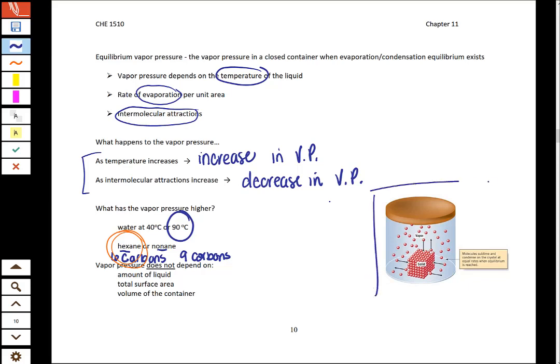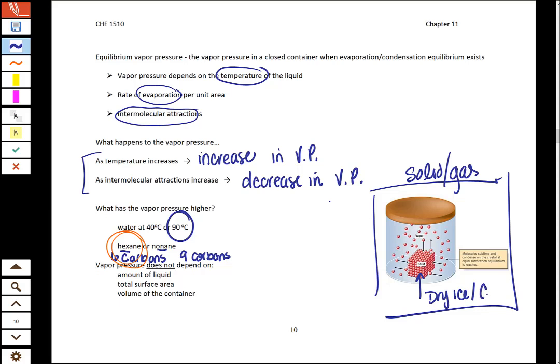So this diagram over here is just illustrating that in addition to liquid and gaseous vapor pressure systems, you can also have a solid gas vapor pressure system. Like if this was dry ice, which is solid carbon dioxide, and then these would be your gaseous molecules of carbon dioxide.